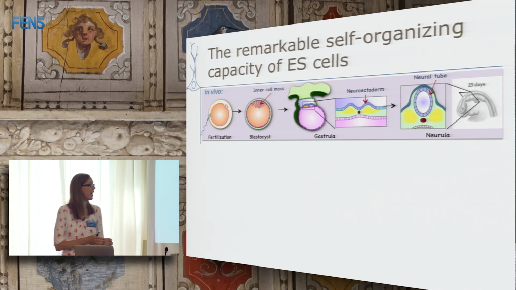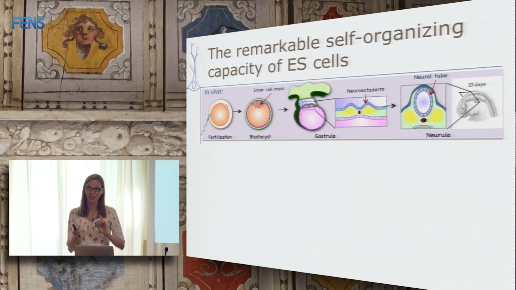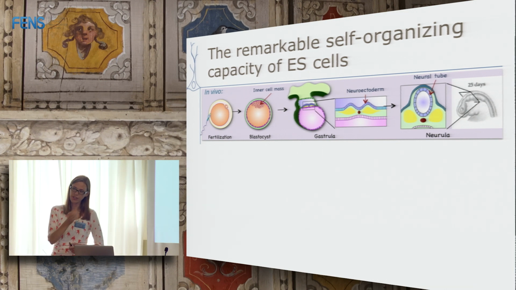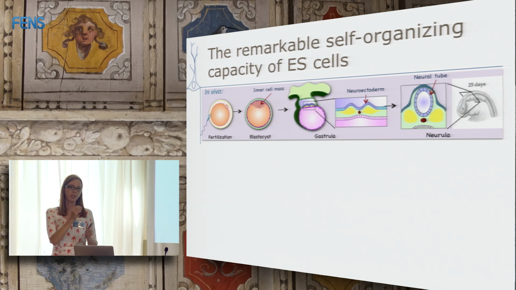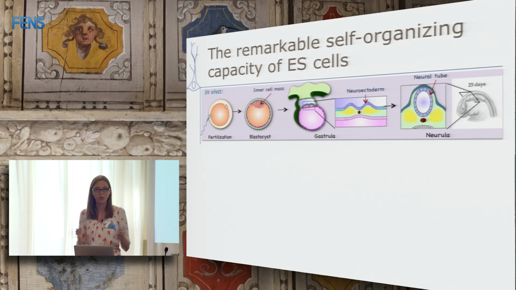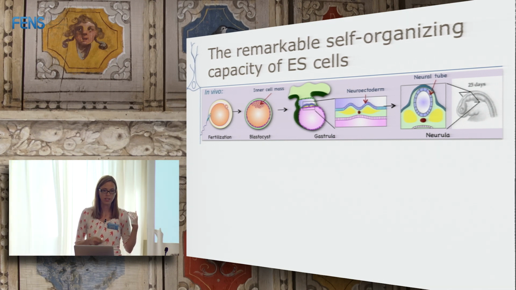But I think that's one of the reasons why we established this method, because I think it would be naive to think that we understand so much about these developmental principles that we can recapitulate it completely from scratch. We don't know all of the signaling pathways. We don't know how all the cells interact with each other. So what we tried to do instead was to let the tissue build itself.